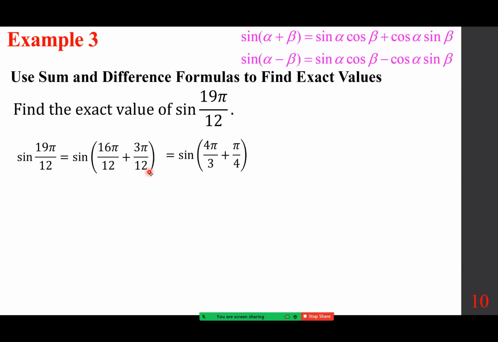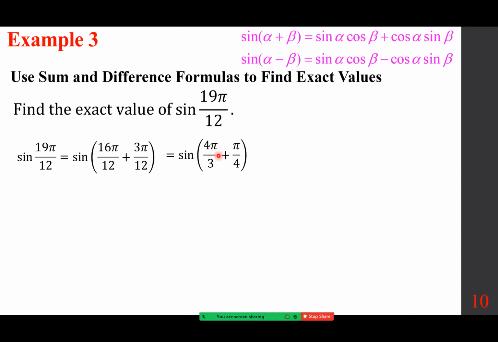Both of them are common arcs. Anytime you have a pi and the denominator is 2 or 3 or 4 or 6, those are all common arcs, no matter what the coefficient of the numerator is, any integer, I mean.